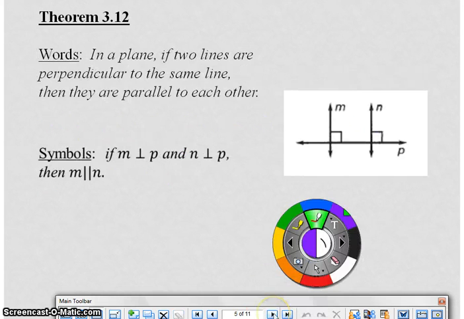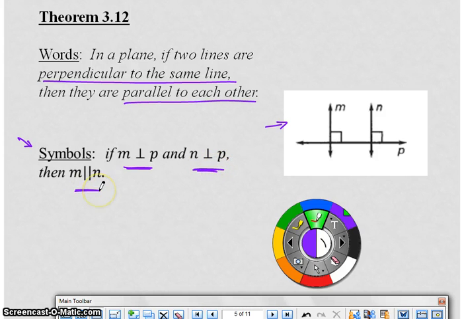Okay. Theorem 3.12. In a plane, if two lines are perpendicular to the same line, then they are parallel to each other. Here are your symbols again, having to do directly with this diagram to the right. If M is perpendicular to P and N is perpendicular to P, then M is parallel to N. So think about this for just a second.